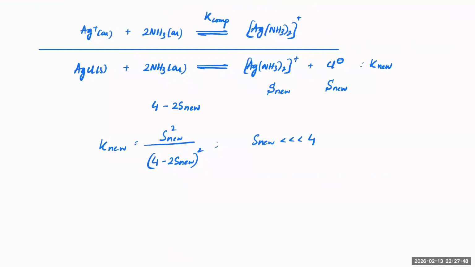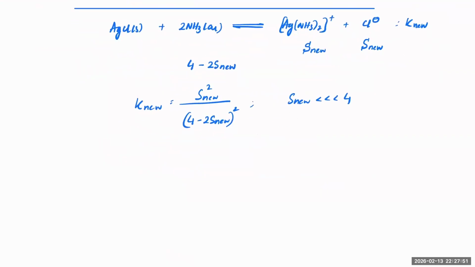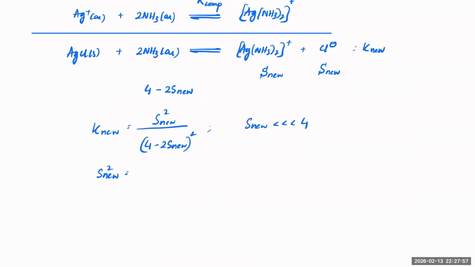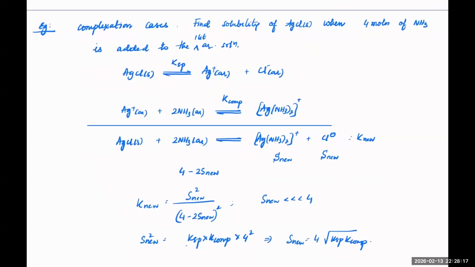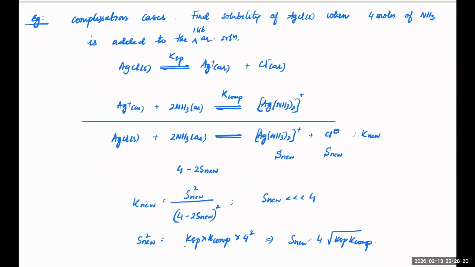And therefore, you can ignore that 2s. So S new square will be equal to K new, where K new is Ksp into K complexation multiplied by 4 square. Therefore, S new is equal to 4 times the square root of Ksp into K complexation. This is what you would use. In major cases, this is the approximation which you will use directly.